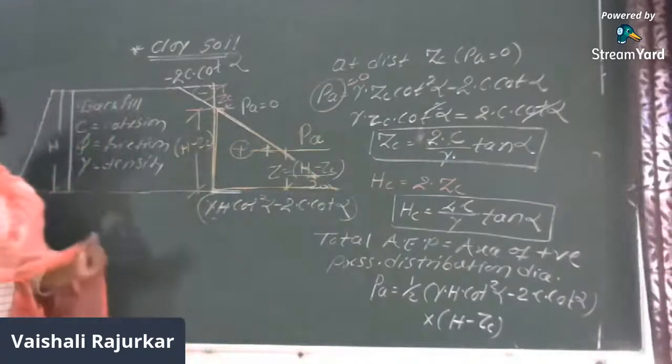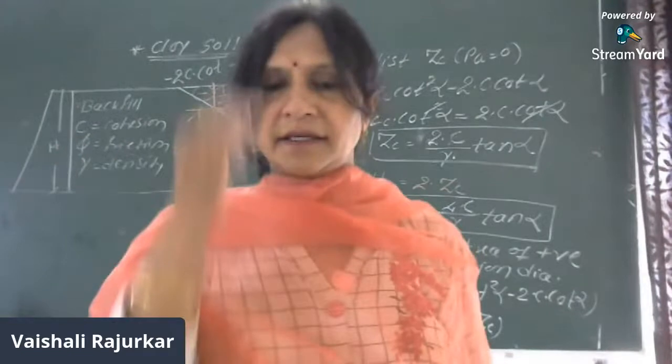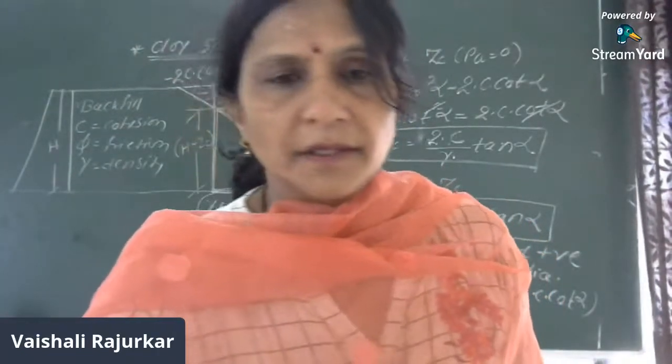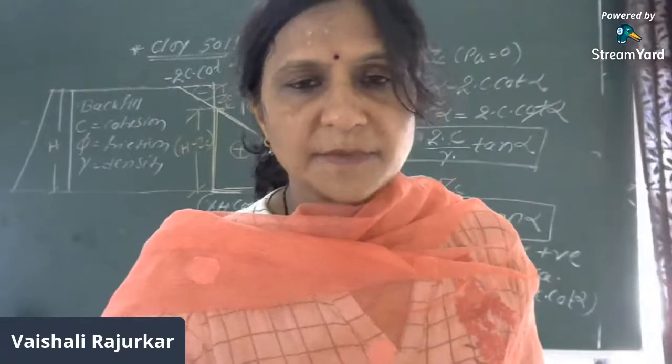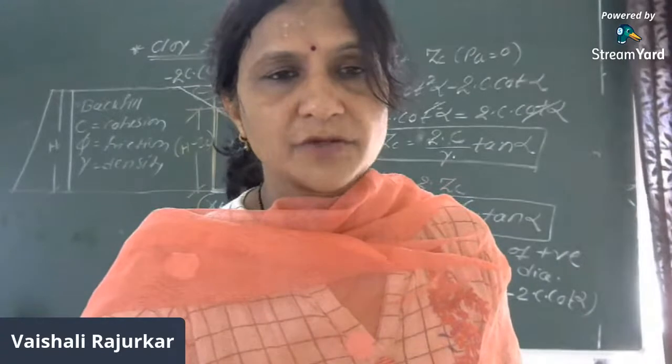So this is the basic difference in pressure for cohesive soils. Now I think this is clear to all, and in the next class we will see the numericals based on it, right?